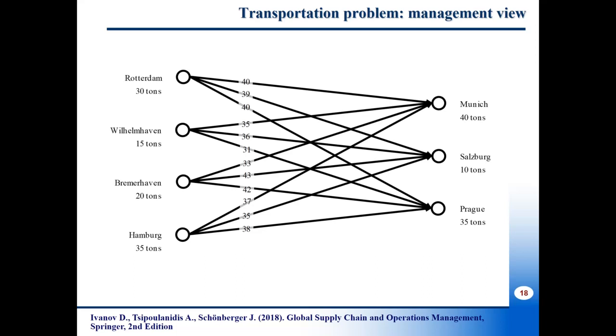We can see that the total available wood from the 4 sources is over the demand at the 3 destination cities. Each transportation route has its own cost. The problem is how to distribute the wood among the 4 sources to the 3 destination cities.